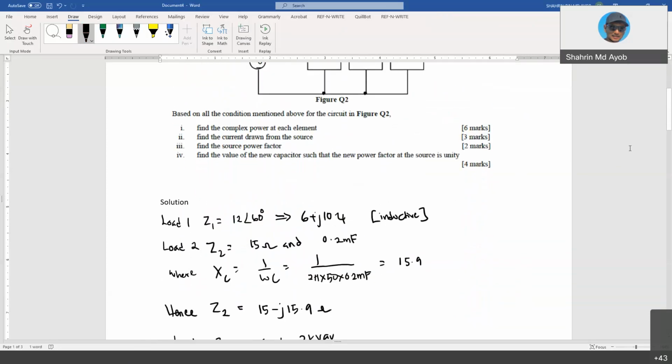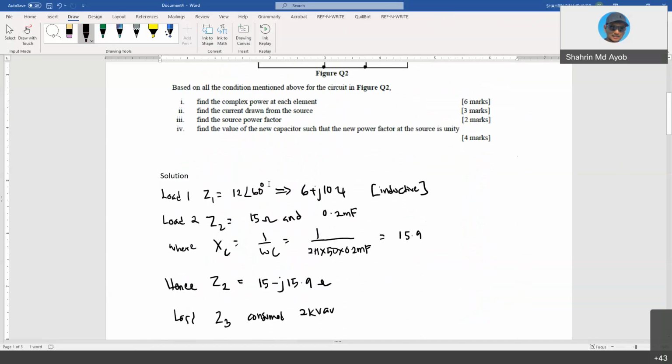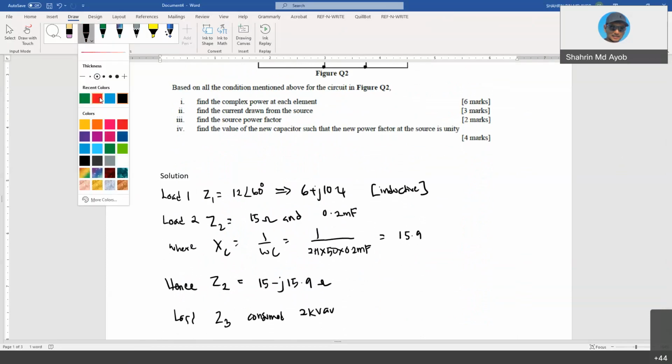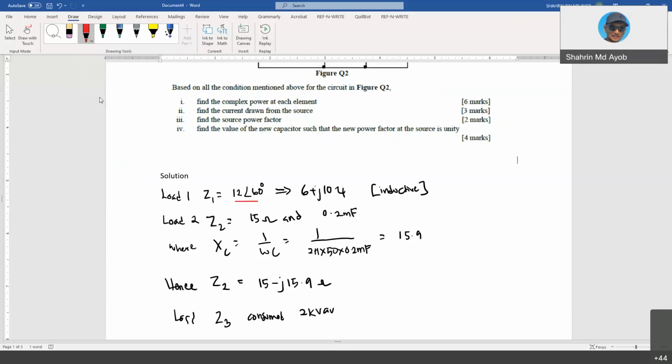Okay, so what we need to do is, for me, I always have my load in polar form and also rectangular form. So from here, I can see that I have positive j, meaning that your load is inductive.